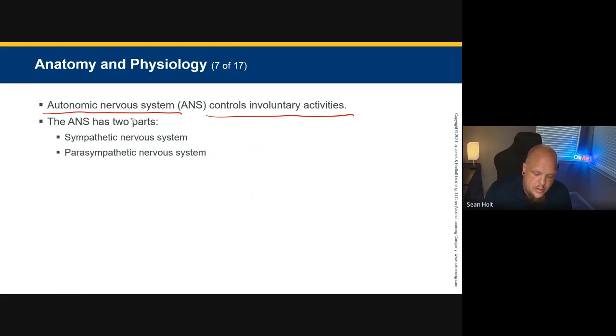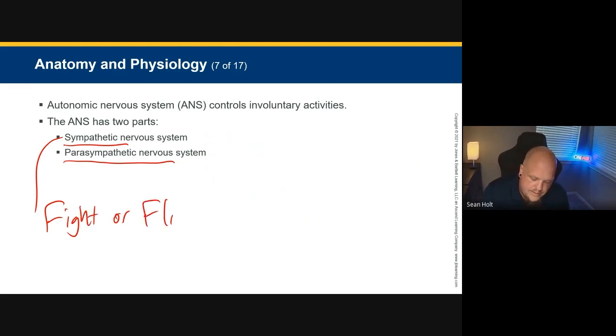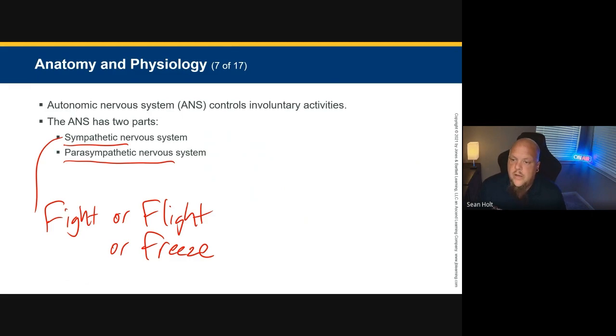So the autonomic nervous system has two parts that it breaks down into, the sympathetic versus the parasympathetic nervous systems. Now remember this, sympathetic, fight or flight or freeze is how I like to remember it, right? If we get spooked, like somebody jumps out from behind a wall and goes, boo, right?